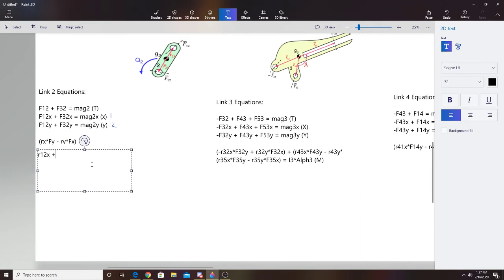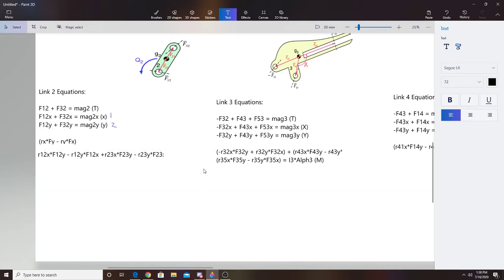R12x F12y plus R23x times F23y minus R23y times F23x is equal to I2 times ALF2 minus Q2. Of course. There it is.